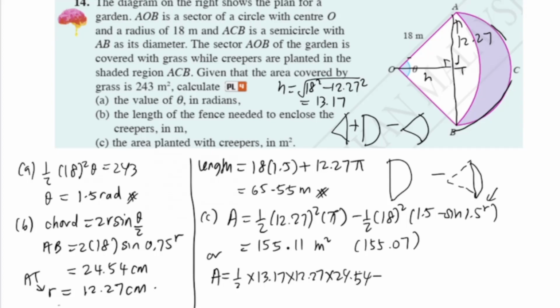Then you add area of semicircle, which is half r squared, 12.27 squared, theta is pi. Then you minus your area of sector. Actually, the area of sector we know is 243. If you use this method, I still get 155.11.